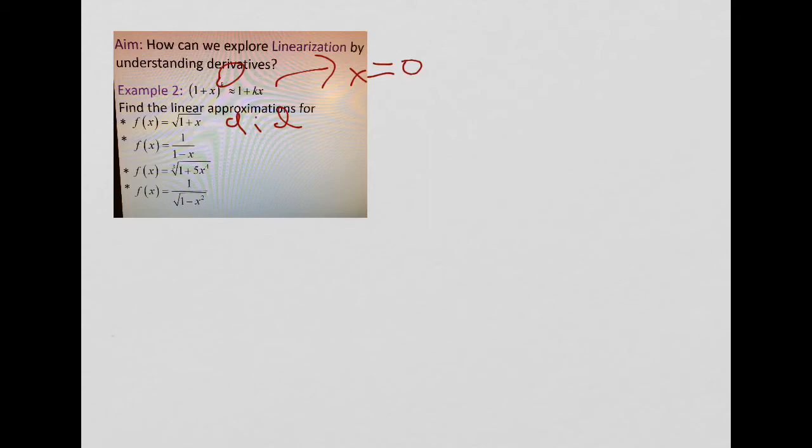Notice that in the first one, our linearization, L of x, was 1 plus 1/2 x. So the 1/2 is the k that's described, and if you had to rewrite this, instead of a square root, you would use the power of 1/2, so that's what k is.